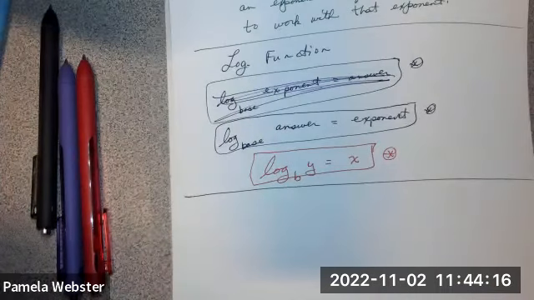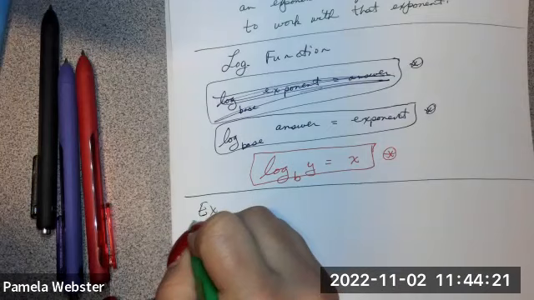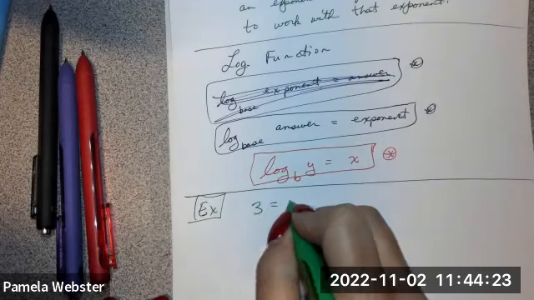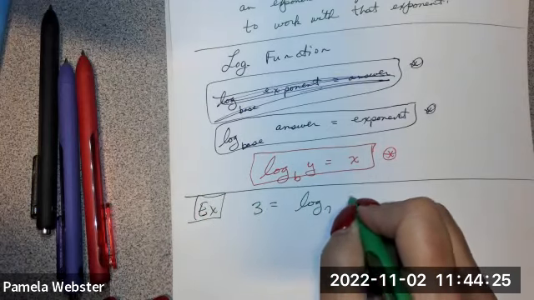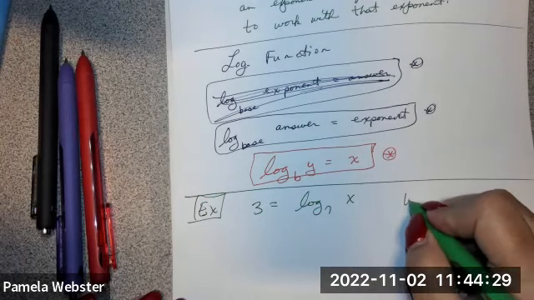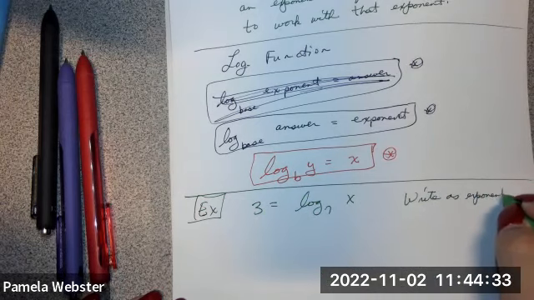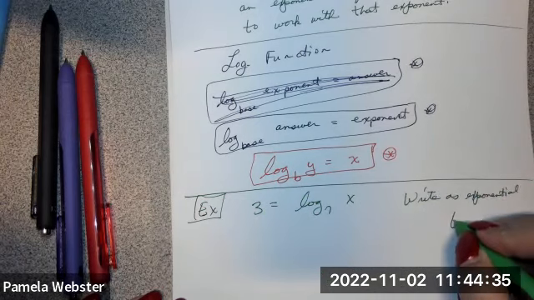Let's talk about this one. My example is 3 equals log base 7 of x. It says write it as an exponential function.